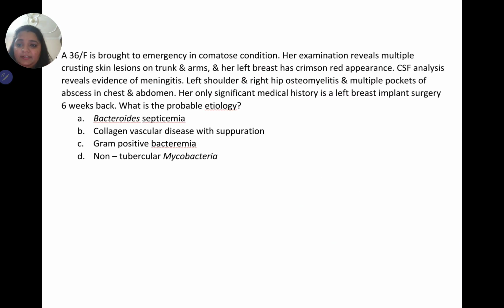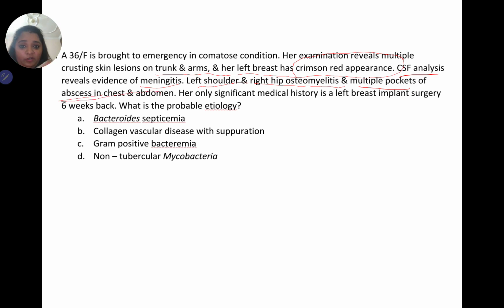a 36-year-old is brought to emergency in comatose condition. Her examination reveals multiple crusting skin lesions on the trunk, arms, and left breast, and the left breast has a crimson red appearance. CSF analysis reveals meningitis, left shoulder and right hip osteomyelitis, and multiple pockets of abscesses in the chest and abdomen.